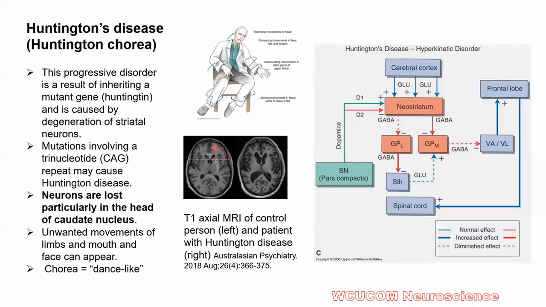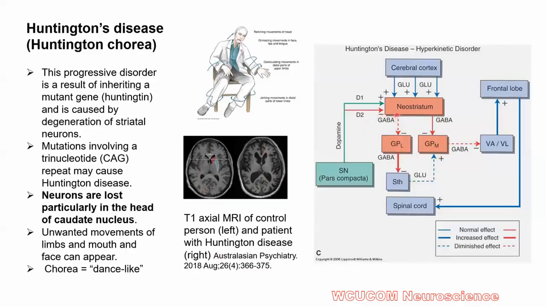So we see the normal brain here in an axial MRI, and then one with Huntington's disease, we see the enlarged ventricular system and the hollowing out of the frontal or anterior horn of the lateral ventricle here because of the almost complete disappearance of the caudate head. A very typical presentation in Huntington's disease, of course, interfering with the normal functioning of the indirect pathway.